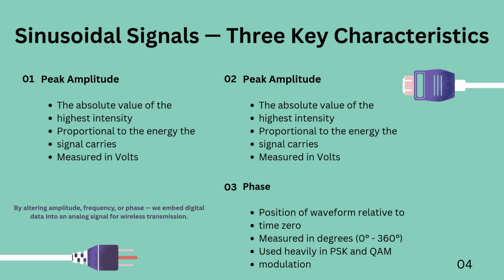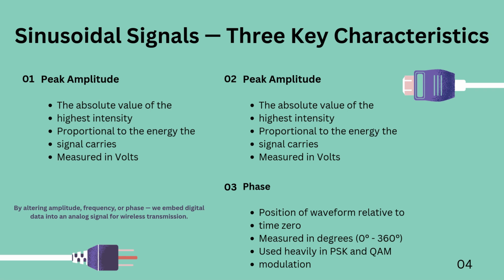Moving on, wireless communication uses a basic analog signal called a sine wave. A sine wave has three important characteristics. The first one is amplitude. This shows the strength or power of a signal. The second one is frequency.